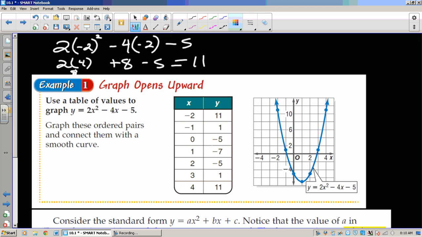What else do you notice? Come on, think mathematically. You guys can do this. What else do you notice? Noah. It's a function. What makes it a function? None of the x values are the same.